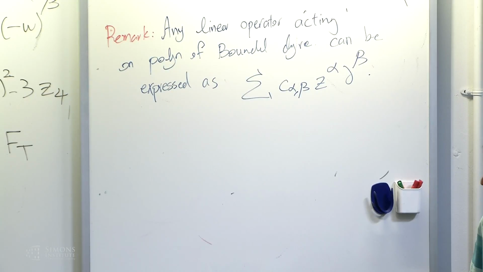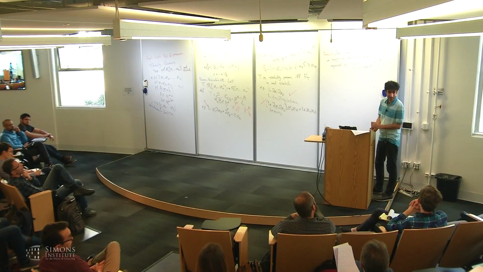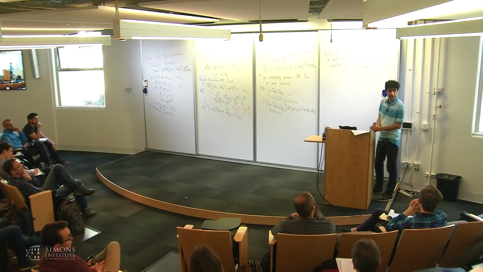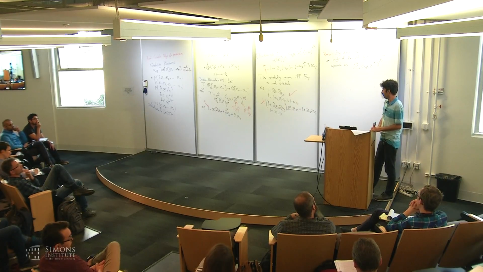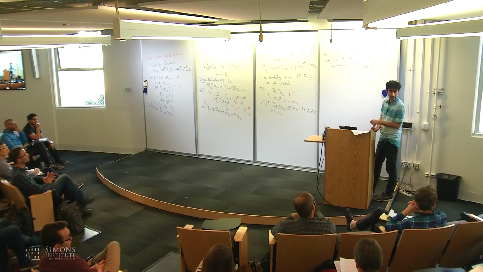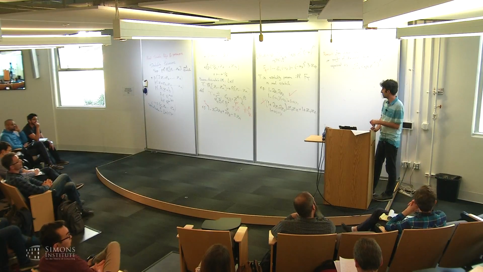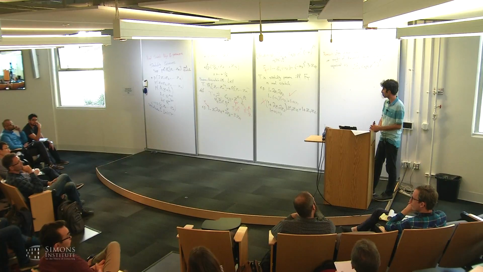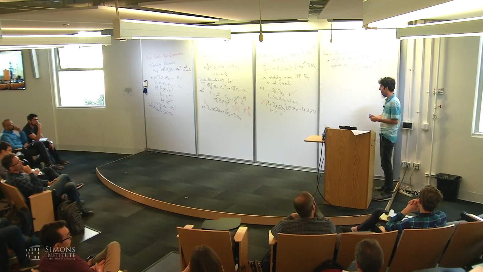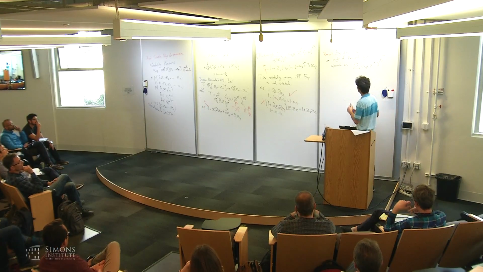One reason is that you want to be able to apply it to Z1 up to Zn and get something that remains real stable when you apply it to Z1 up to Zn. Is that better?